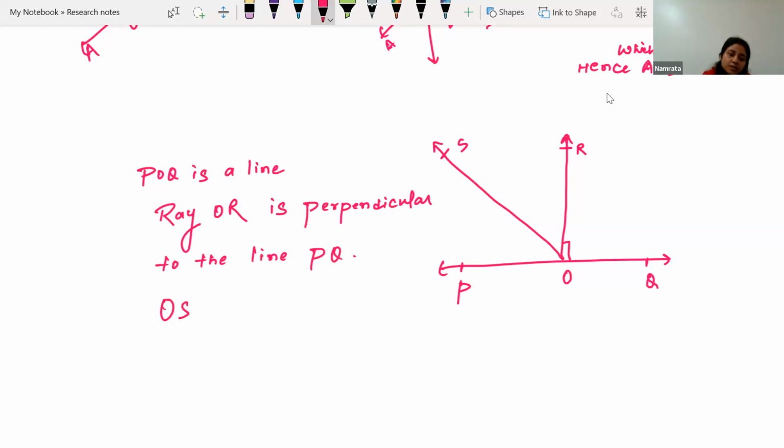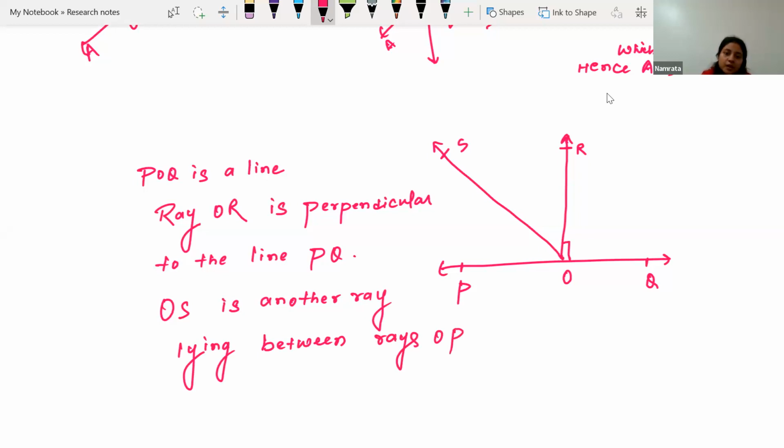OS is another ray lying between rays OP and OR.